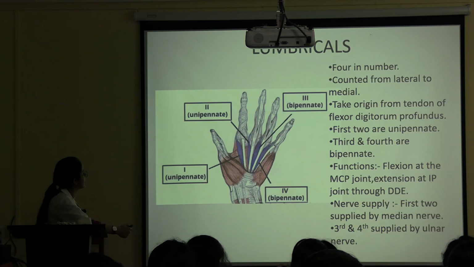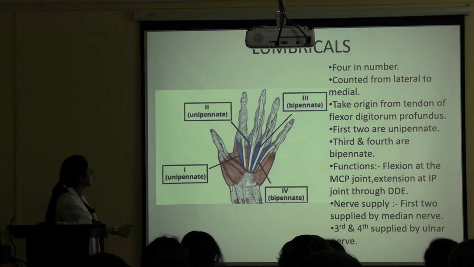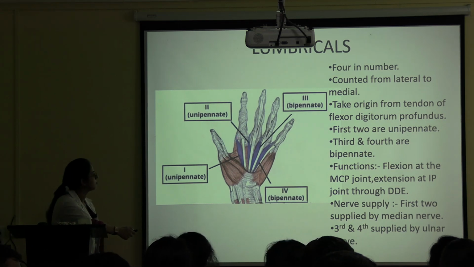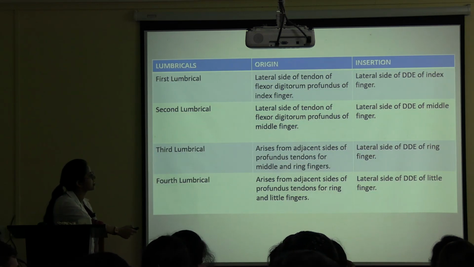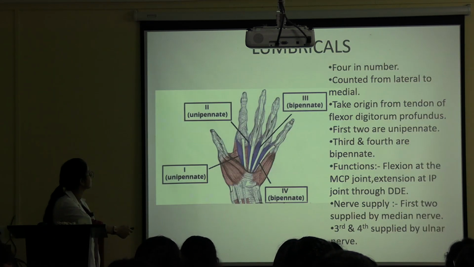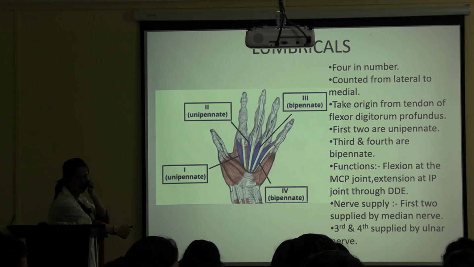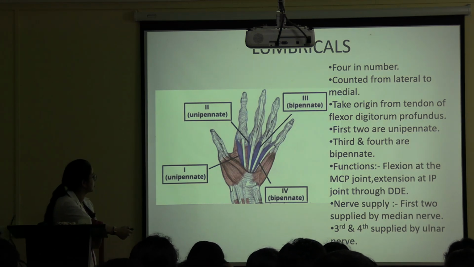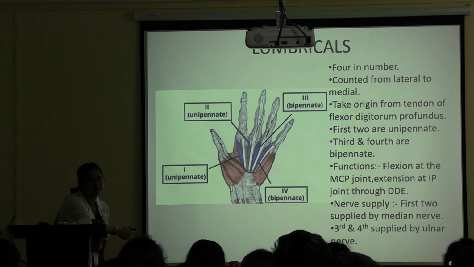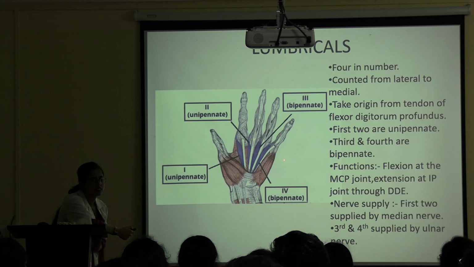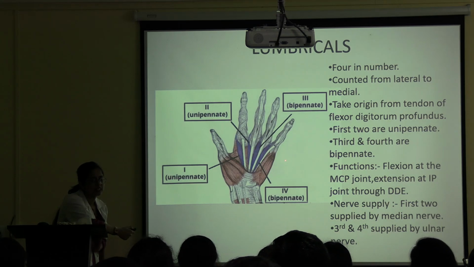Clear? And where is the insertion? The lateral side of the dorsal digital expansion of the index finger. Similarly for the second and third. Can you tell me for the third one? Remember, third and fourth are what pennate?